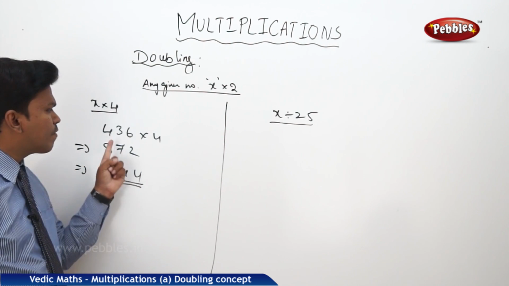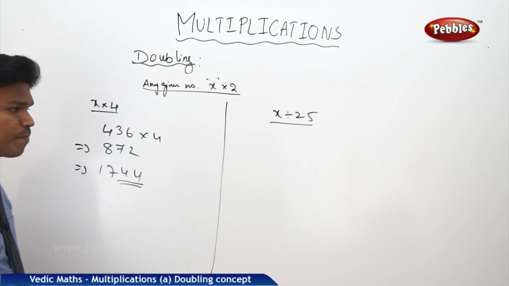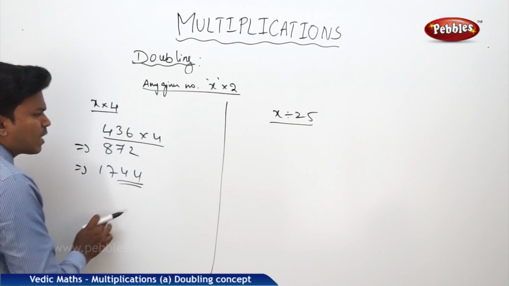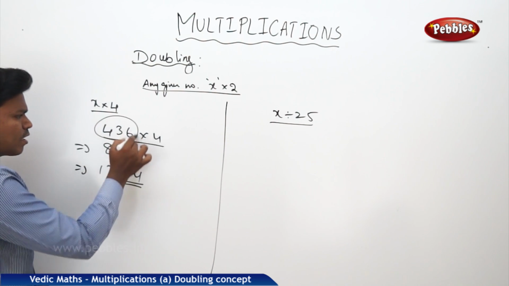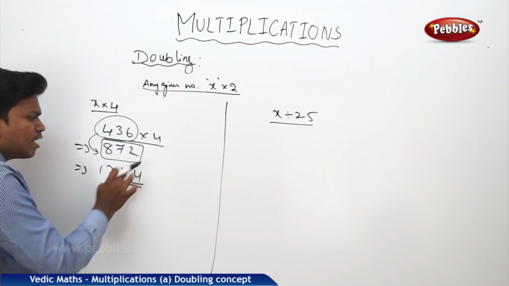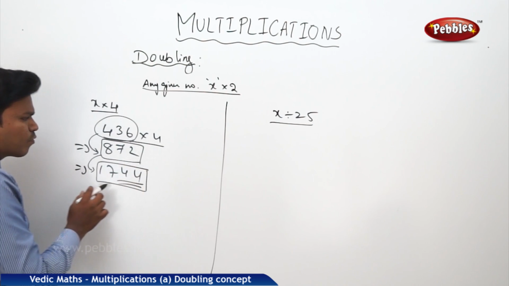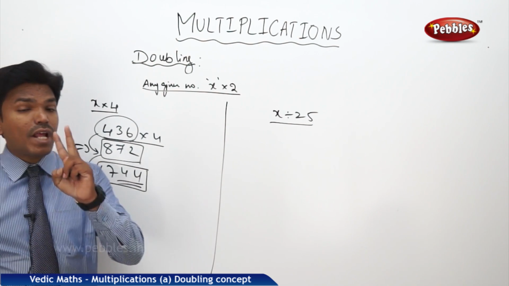So this will be your answer when you want to multiply 436 into 4. Yes or no? First double the number. After doubling, how much did you get? 872. Again double this number. How much will you get? 1744. So you are doing 2 times doubling here.